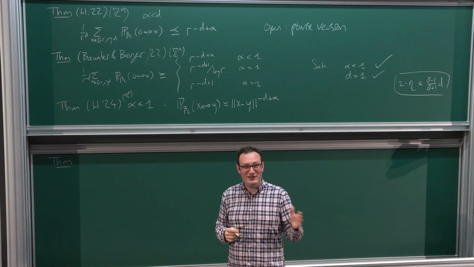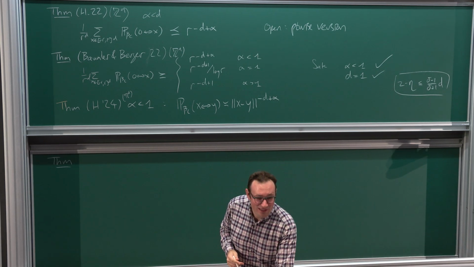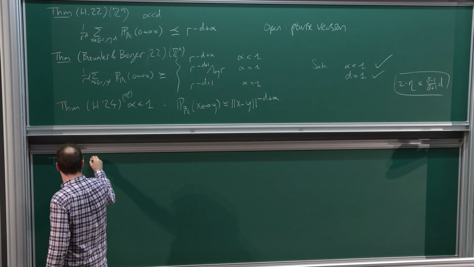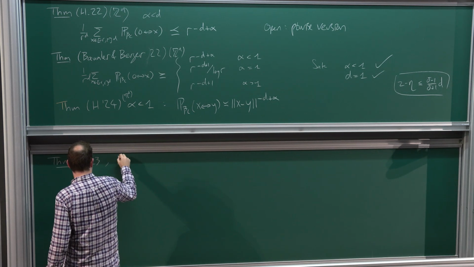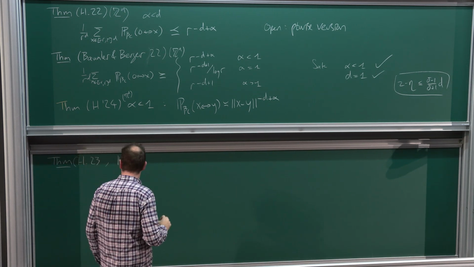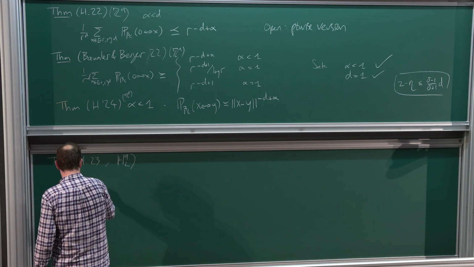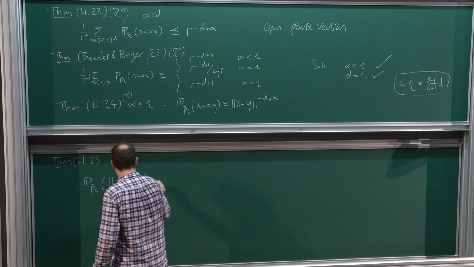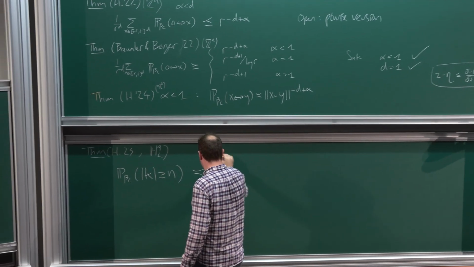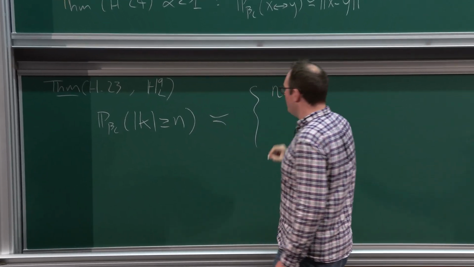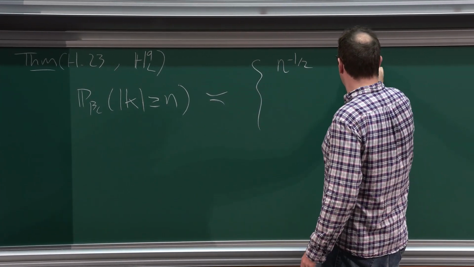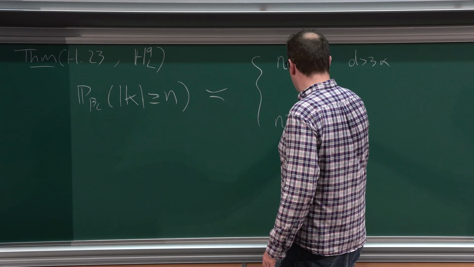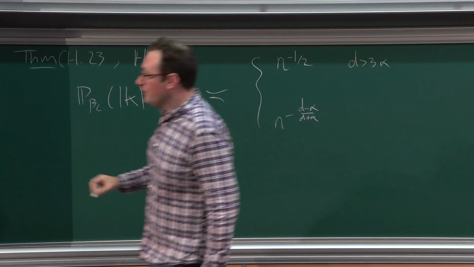In fact, these lectures so far have been a sort of 6 or 7 hour version of that talk I gave here last time, which is that, again, on hierarchical, if you look at the volume tail, so remember K is the cluster at the origin, then up to constants, it's n to the minus a half in the high dimensional regime, and n to the minus (d minus alpha) over (d plus alpha), which is this conjectured curve here.